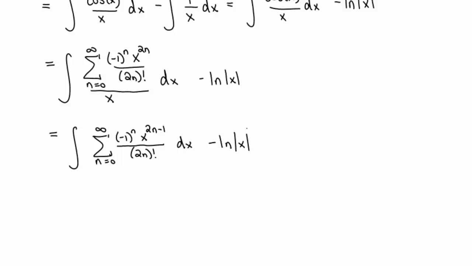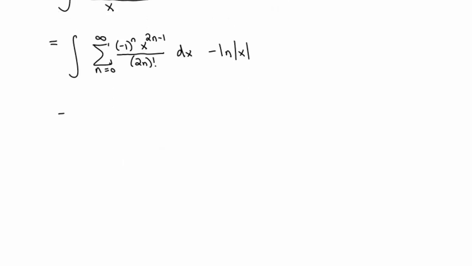Now, something interesting happens here, and I actually want to showcase this because it is important. If you were to integrate this, you want to make sure that you don't have a negative 1 power, because the negative 1 power is an issue. Let me showcase this expansion a little bit. If you run this series with n equals 0, you get a negative 1 to the 0th, which is positive, and you get an x to the negative 1 over 1 factorial.